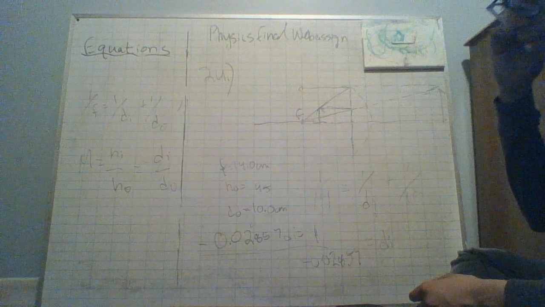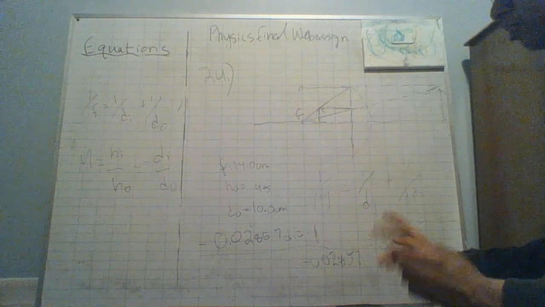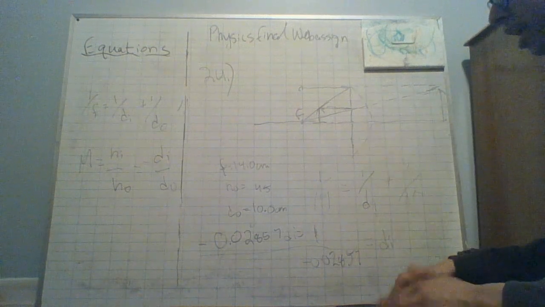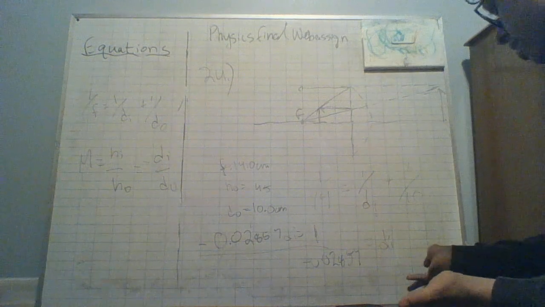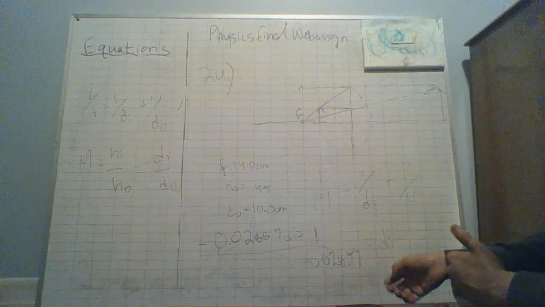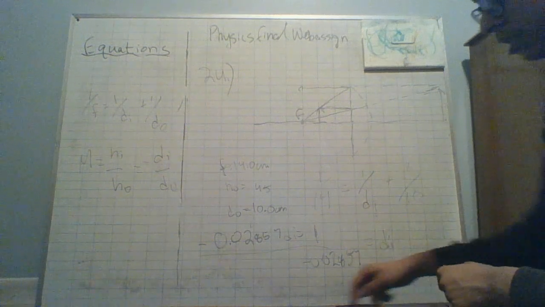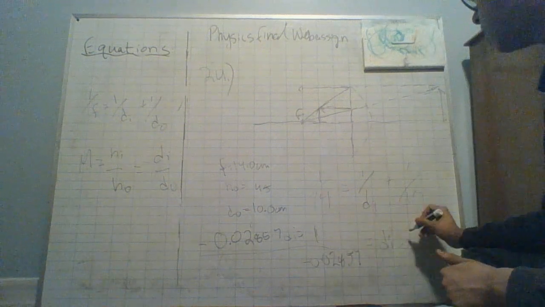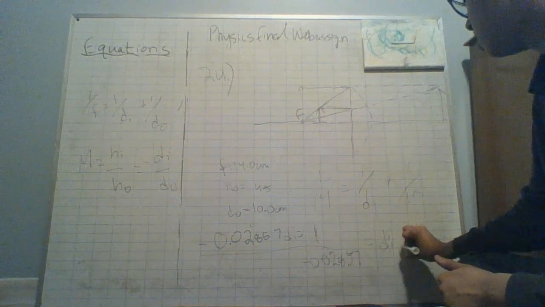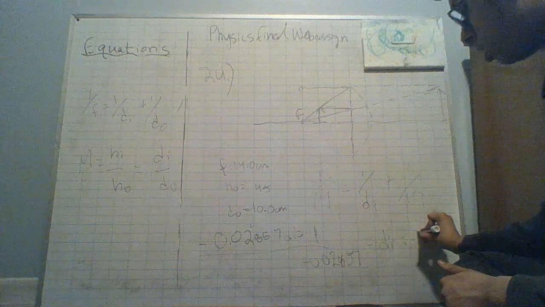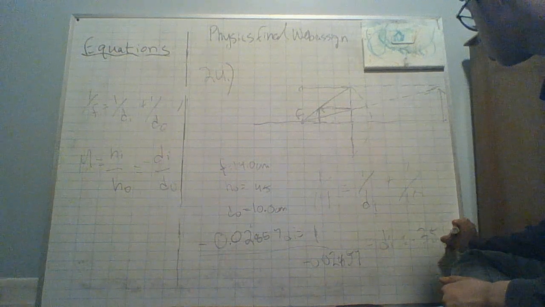So essentially, when you get your number, just do 1 over that number and you'll get di. That's another way to think about it if you don't want to actually know the real reason why that works. Di is equal to negative 35 centimeters.